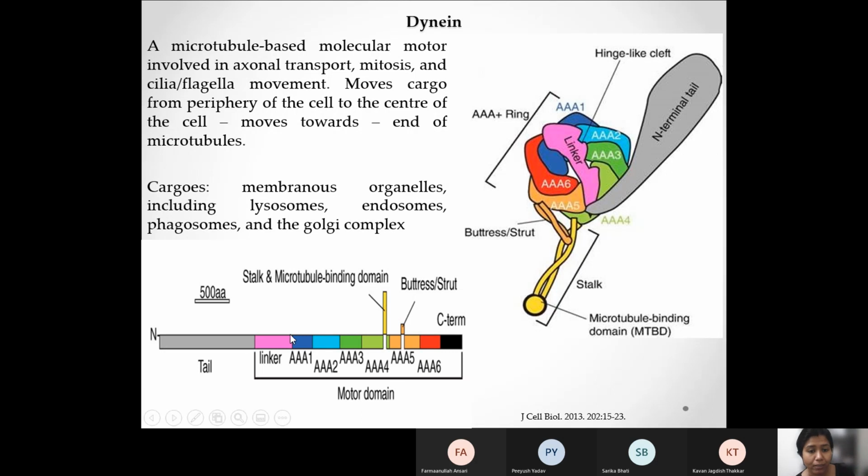But if you mutate the ATP binding site of AAA1, then you see that the Dynein becomes dead, it does not move. So this is the primary ATPase site. And between this AAA4 and AAA5, you find something called the stalk and microtubule binding domain. So essentially here is a sequence of amino acids that forms a coiled coil. Now you see the coiled coil has come back again.